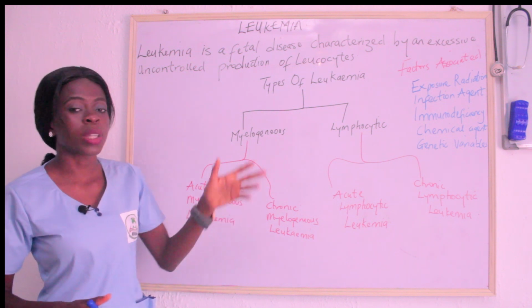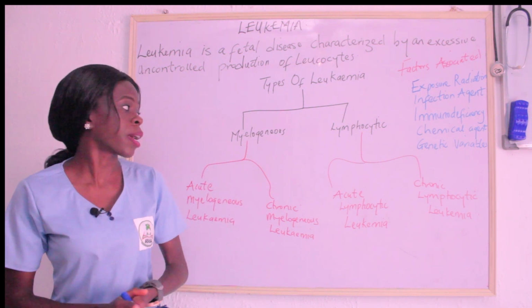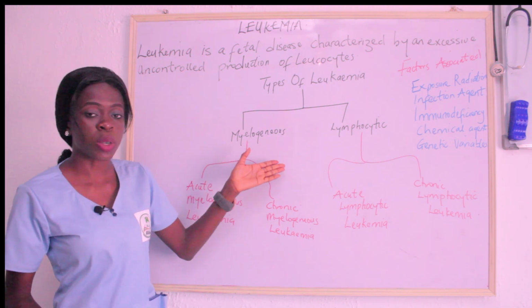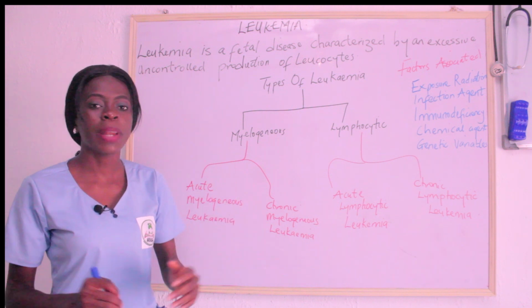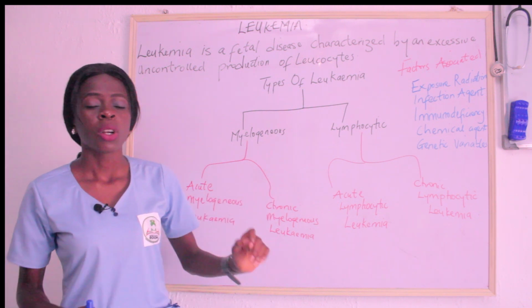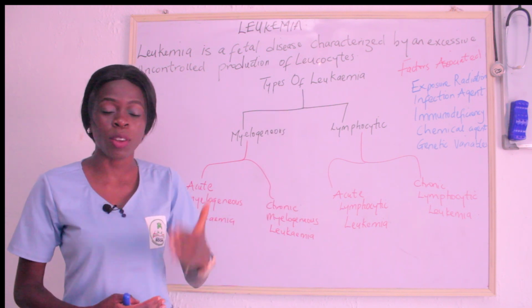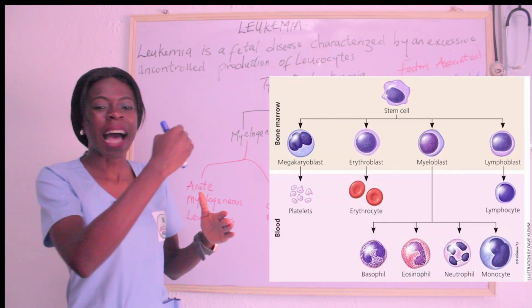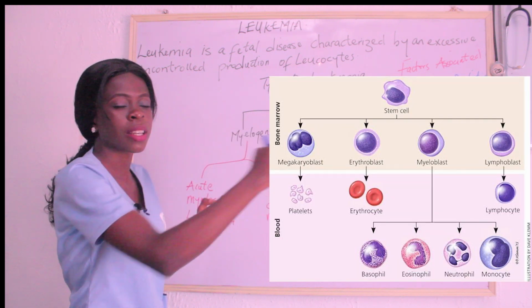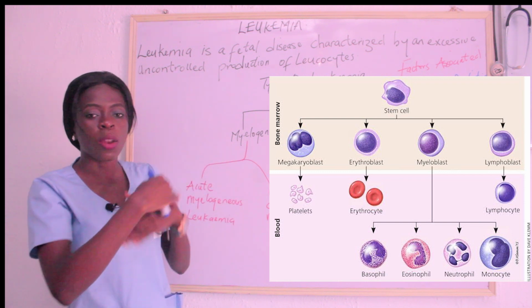That takes us to the types of leukemia. Basically, there are two types of leukemia. We have the myelogenous leukemia and the lymphocytic leukemia. I will explain how these names came about. Looking at the production and development of the white blood cells, some white blood cells are developed from the lymphoblasts, while another type of white blood cells are developed from the myeloblasts.